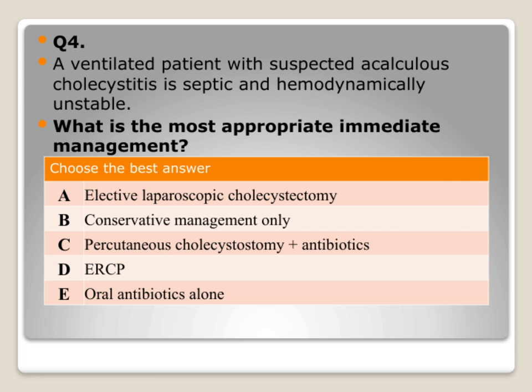Oral antibiotics alone, option E, won't provide the necessary drainage or rapid relief needed here. So, considering the urgency and the patient's instability, the most appropriate immediate management is to perform a percutaneous cholecystostomy combined with antibiotics. This approach helps control the infection quickly and stabilizes the patient for potential definitive treatment later.